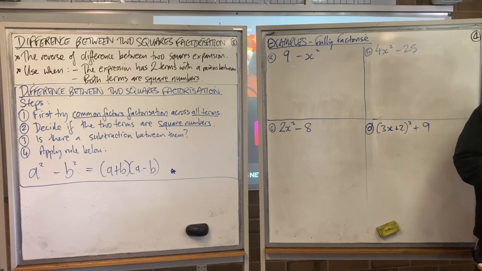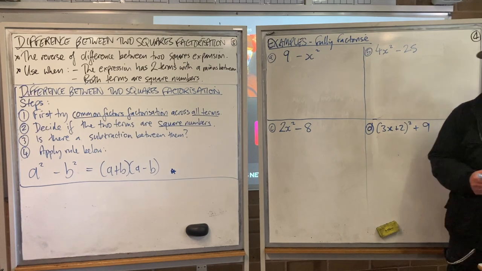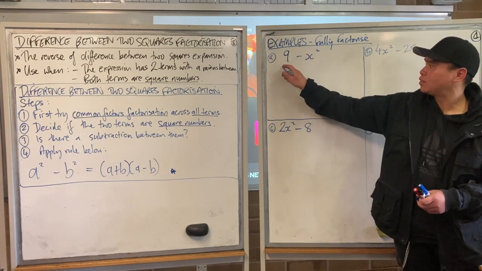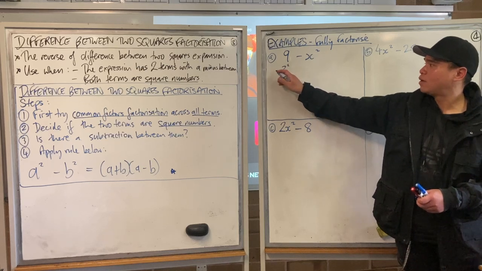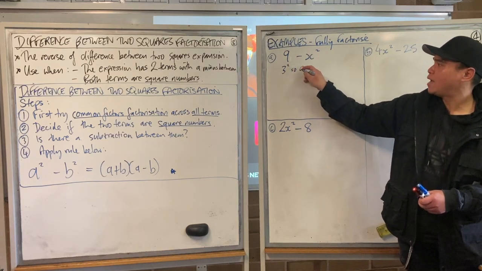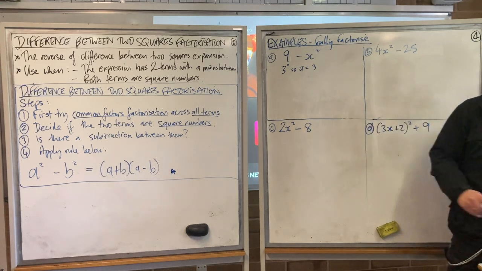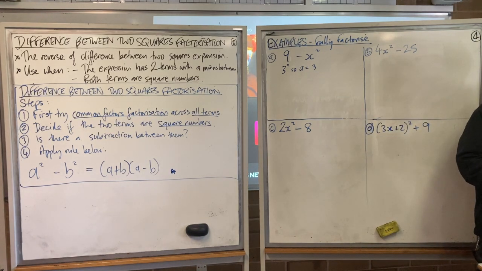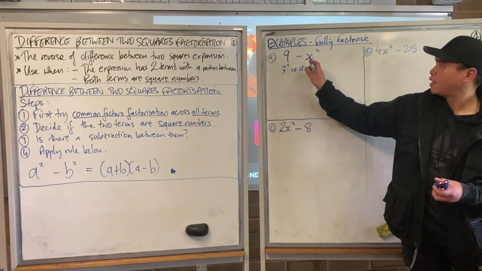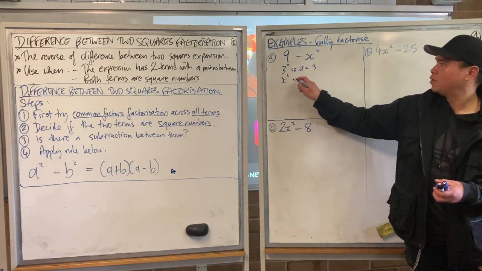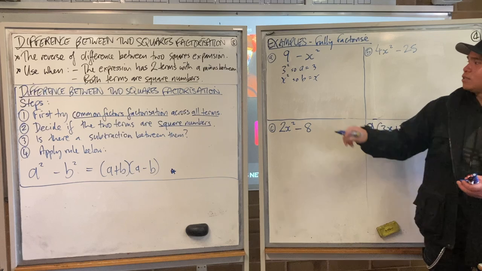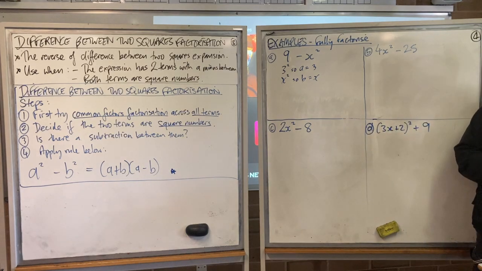What do I times by itself to get 9? 3. So 9 is 3 squared, so A would be 3. Is x squared a square number? What do I times by itself to get x squared? Good. So B is x, so I've decided my A and B.